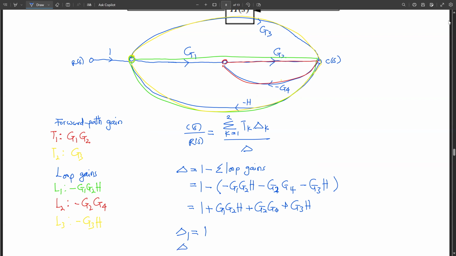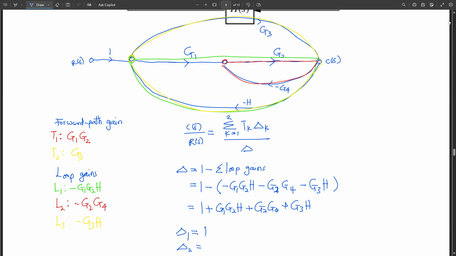And then delta 2, you can see that we first of all find our second forward path, which runs from this side to that side to that side, and identify the loops that have common nodes with that one. And then you can see that the red loop has a common node with the second path, right? And that common node is here.